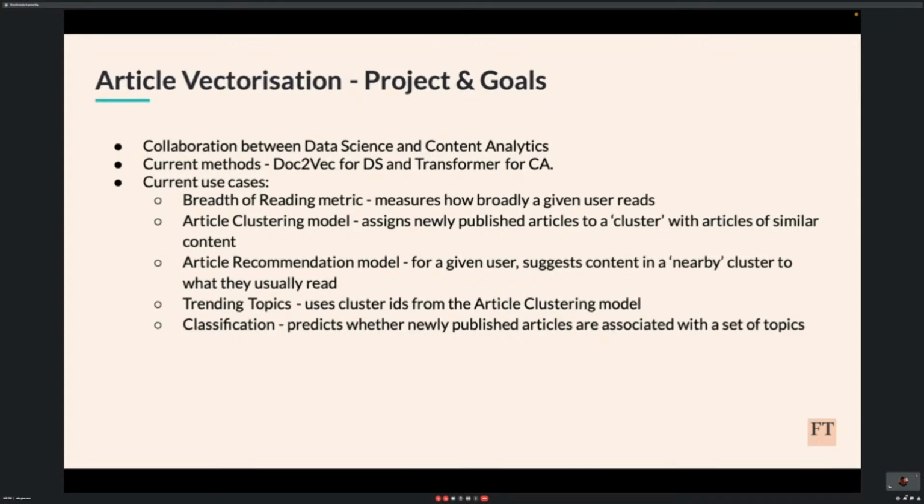Okay. So the follow-up question was, what are the downstream effects? There are a number of effects, and most of them are related to clustering. We have a metric that we value a lot called breadth of readership, which measures how broadly different readers read.